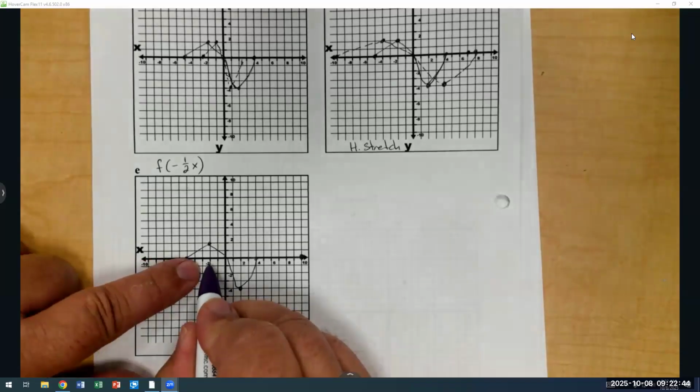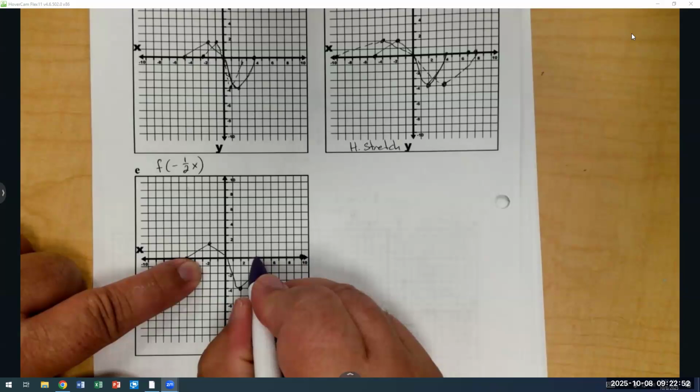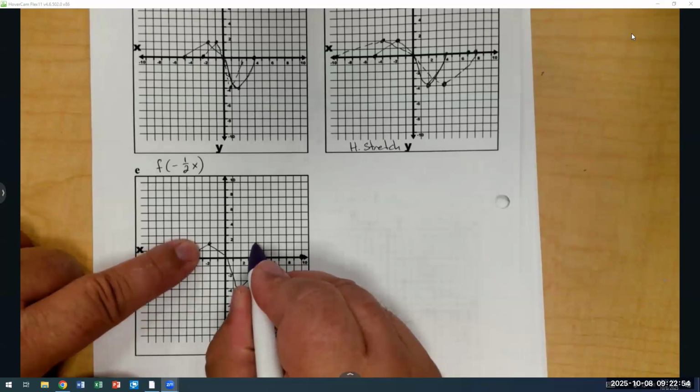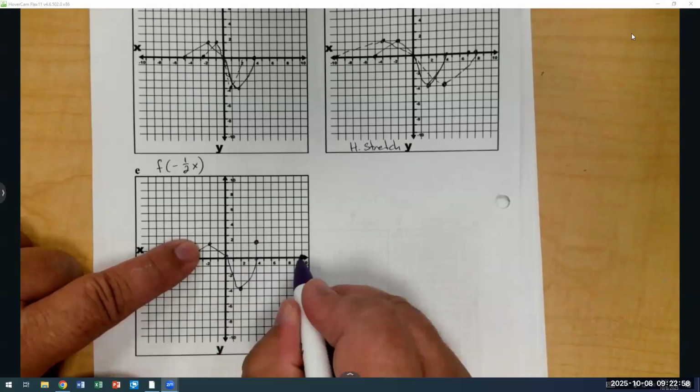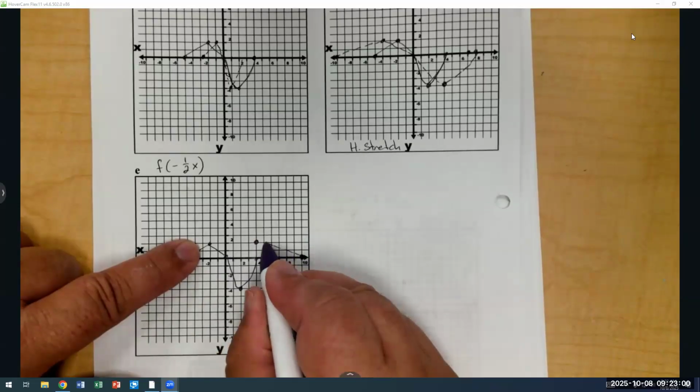The next point, negative 2 times negative 2 is positive 4. So it's 4, 2. 0, 0. So this one looks like this.